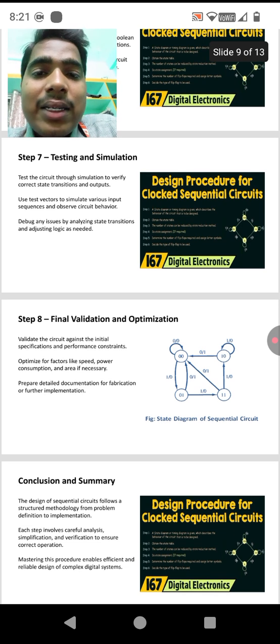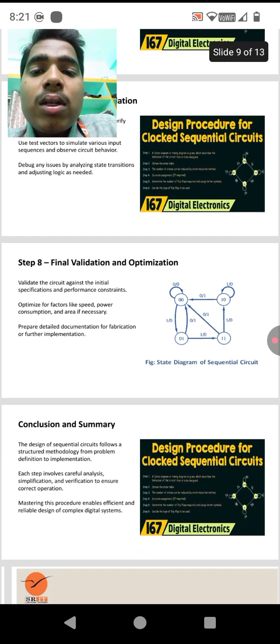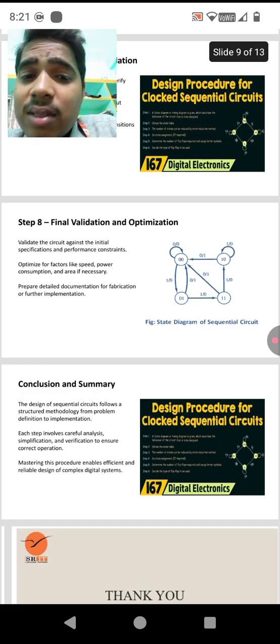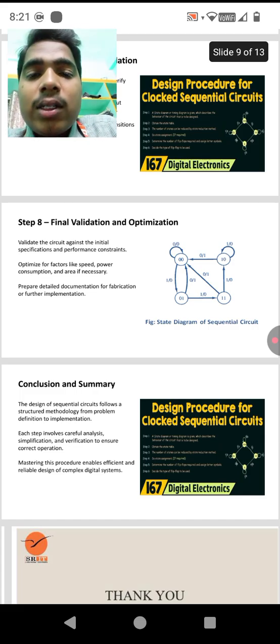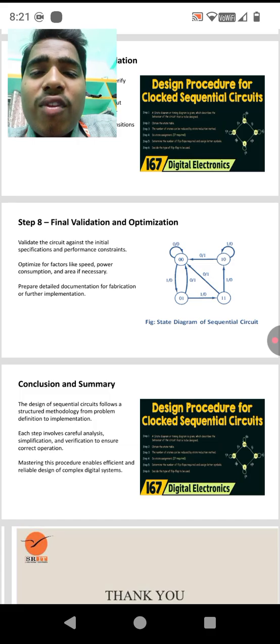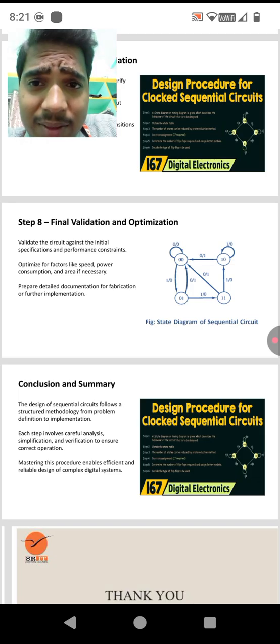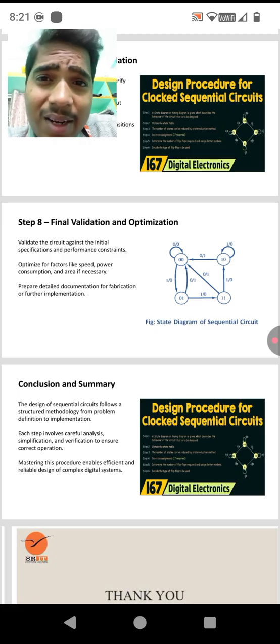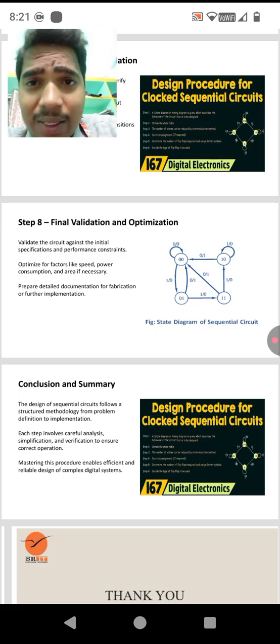After the testing and simulation, step 8, final validation and optimization. Validate the circuit against the initial specifications and performance constraints, and optimize for factors like speed, power consumption, and area if necessary.